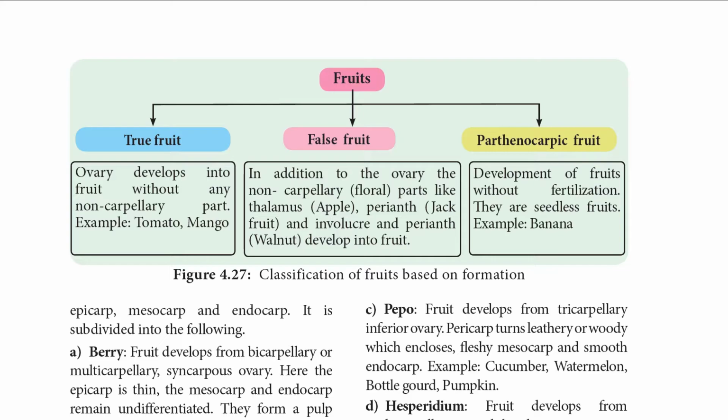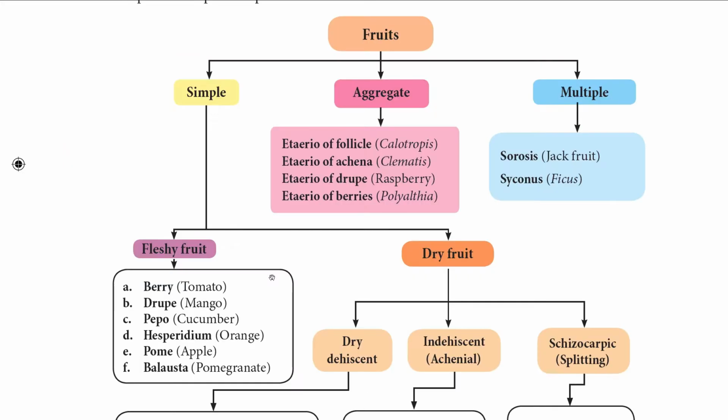Like this, any non-carpellary floral parts other than the ovary, in addition to the ovary, become a fruit. It is called a false fruit. The third one is the parthenocarpic fruit. It is the development of the fruit without fertilization. So without fertilization, if the ovary develops into the fruit, it will not possess seeds. An example for this is banana.